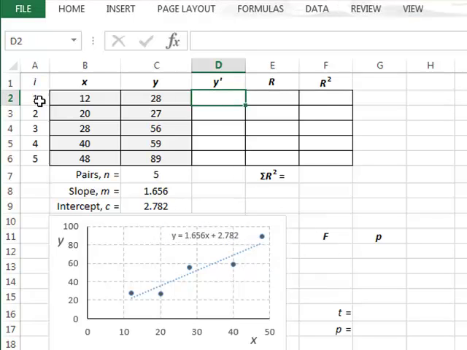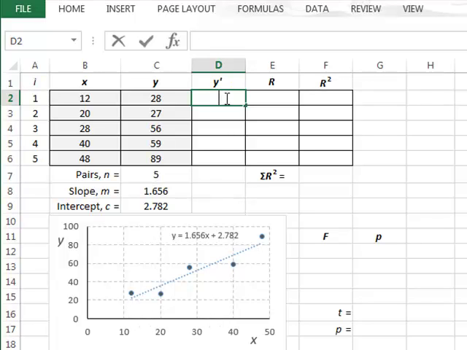Now, for each x value, we will calculate the value of y dash, which is the y value on the best fit straight line for that x value. For the first data value, we will be calculating the value of y dash on the trend line corresponding to the same x value as the first data point.